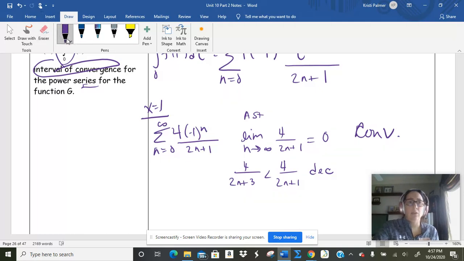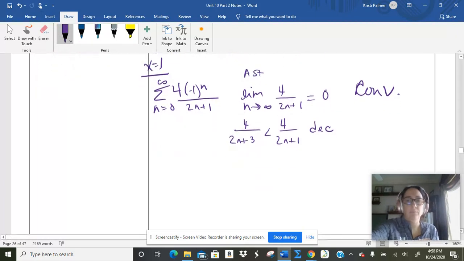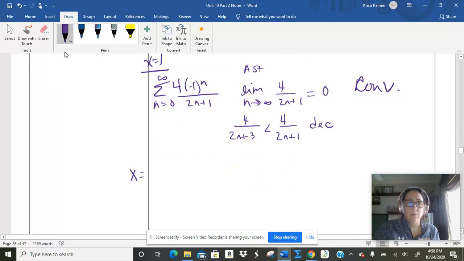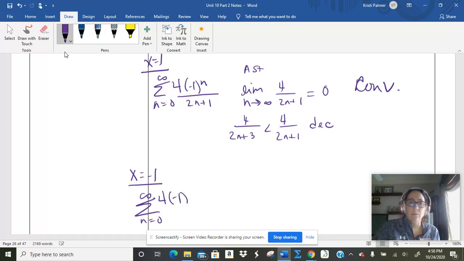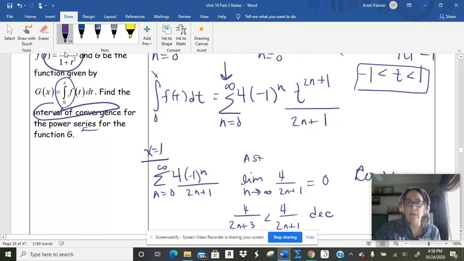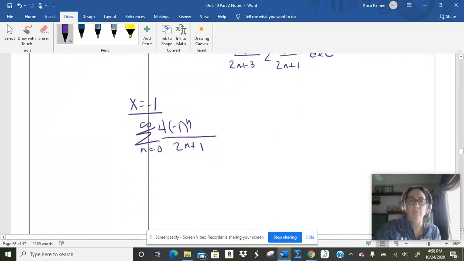So now we need to plug in a -1. So we're going to plug a -1 into this. And -1 to the 2n is going to go to 1, so I just have -1 to the first.